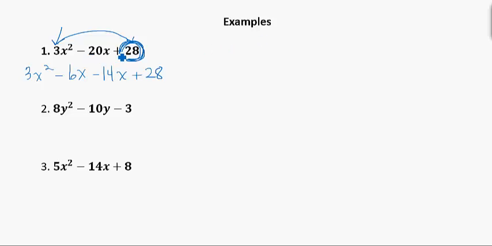What I did was I found the two numbers that multiply to give you a positive 84 and, when you add them, give you negative 20. And then I just rewrote this problem. You can see I'm not changing any of the value, because if you were to combine these, you would indeed get back to that negative 20.